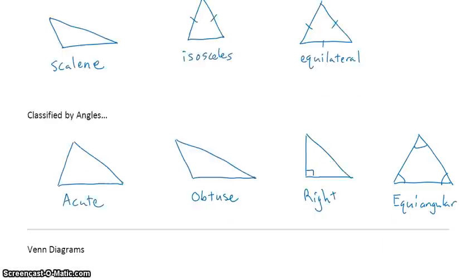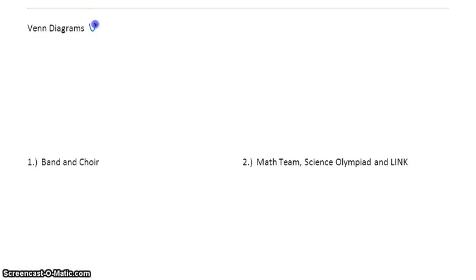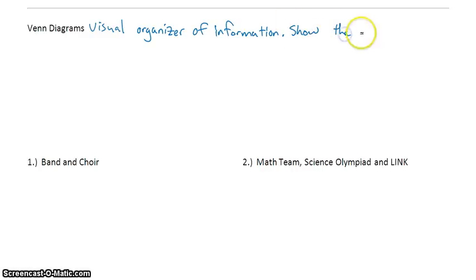Our next topic that we're going to cover is Venn diagrams. A Venn diagram is a visual organizer of information. A Venn diagram shows the relationship between that information.